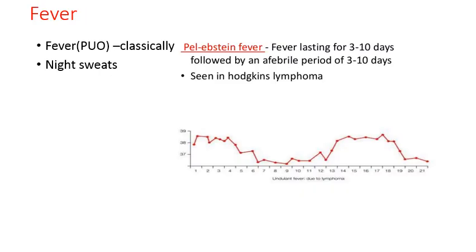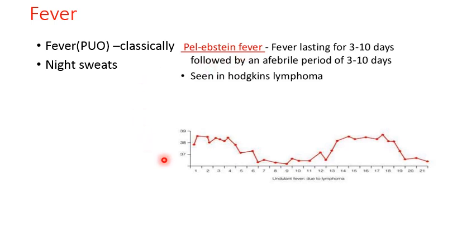The second important physical sign is fever. So either they present with lymphadenopathy or fever. Now fever or PUO are very common symptoms, and classically we describe the fever of lymphoma as Pel-Ebstein fever.